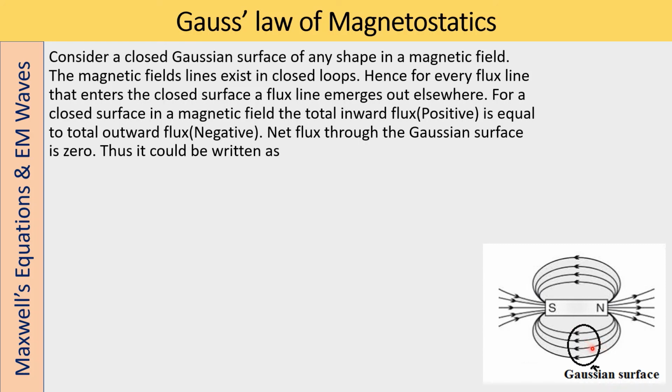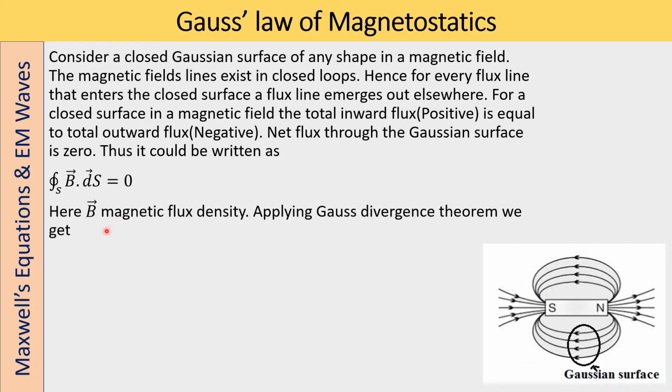Thus it could be written as the surface integral B dot ds is equal to 0. As in the case of electrostatics, where the surface integral D dot ds is equal to the total charge Q, here it is equal to 0. Here B is the magnetic flux density.